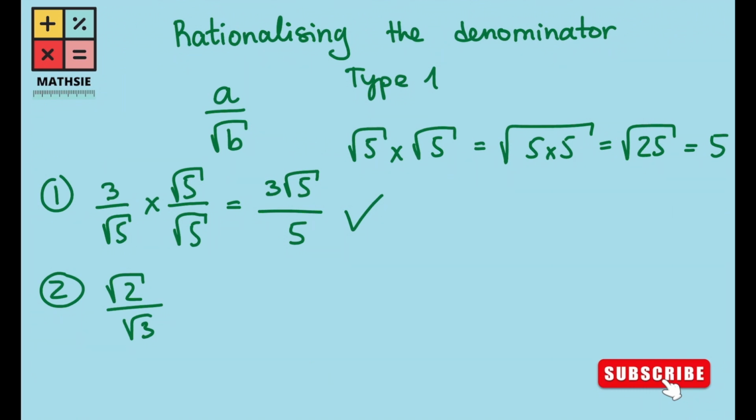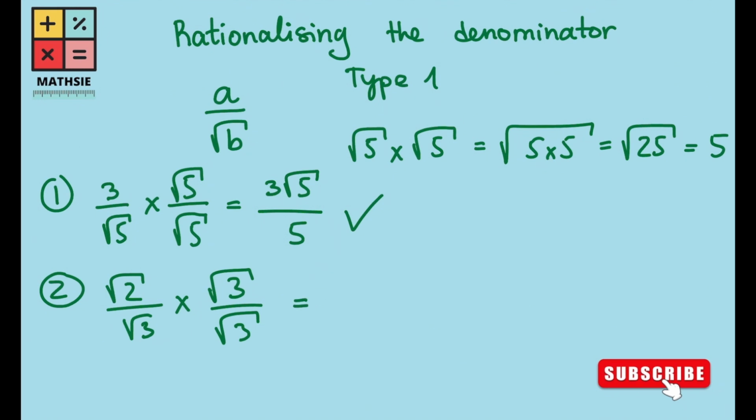So remember, in example 1, we had to multiply by the original denominator, both the numerator and denominator. So we do exactly the same here. We say, okay, the original denominator is a square root of 3. So I just need to multiply both numerator and denominator by the square root of 3. Once again, I'm not changing the value of the fraction as I'm just multiplying by 1.